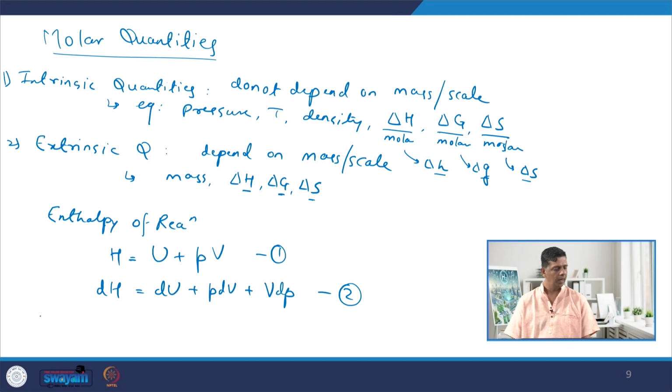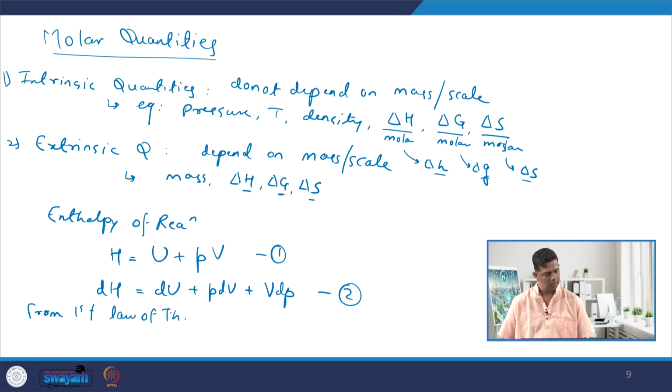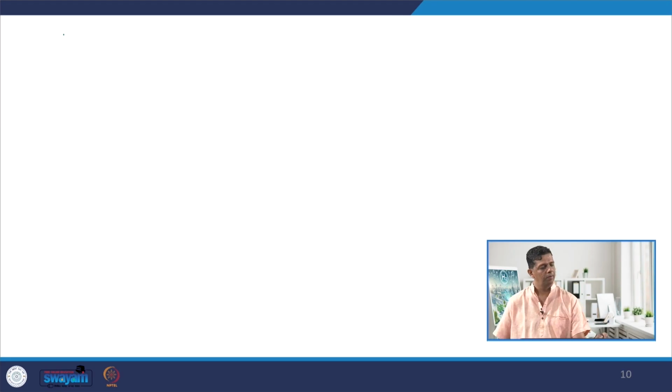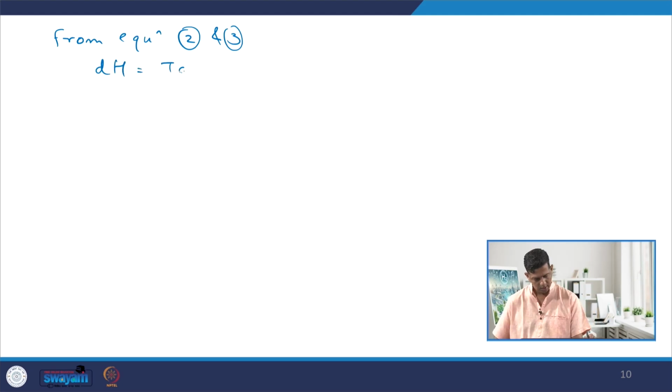From the first law of thermodynamics, dQ is equal to dU plus P dV, which we can also write as T dS. This is my equation 3. So, from equations 2 and 3, we get dH equals T dS plus V dP.